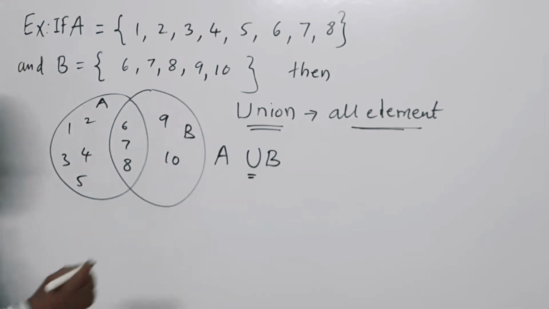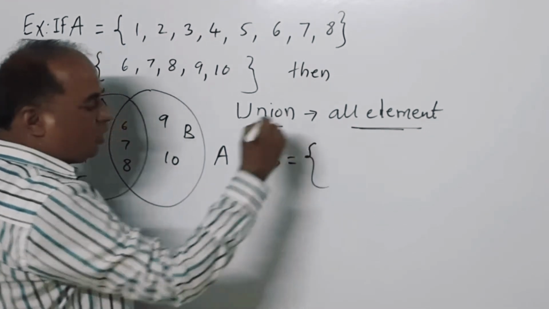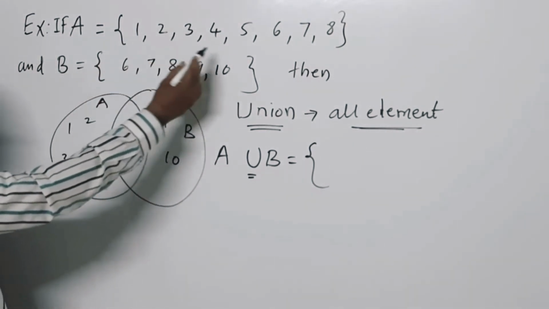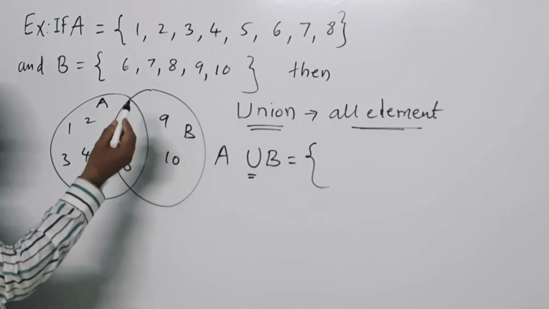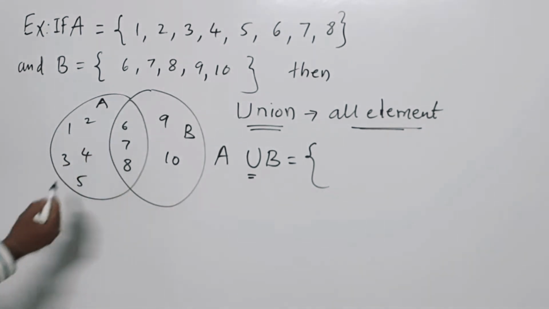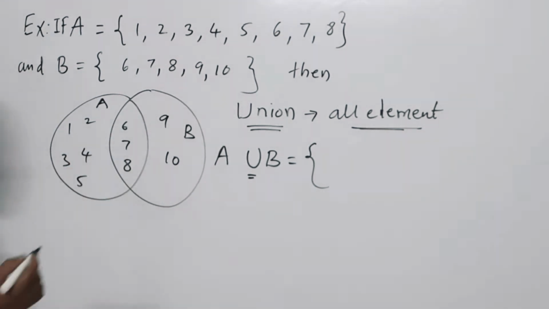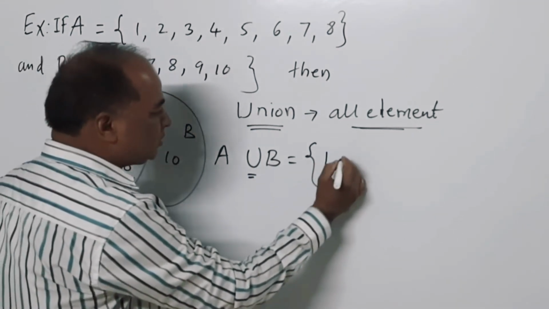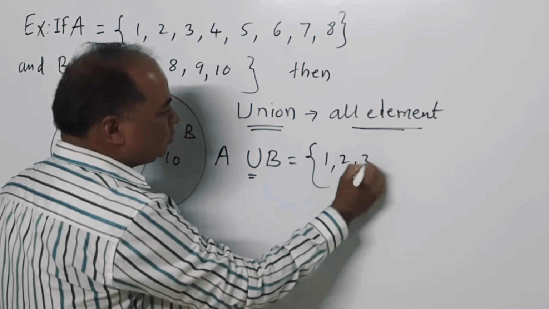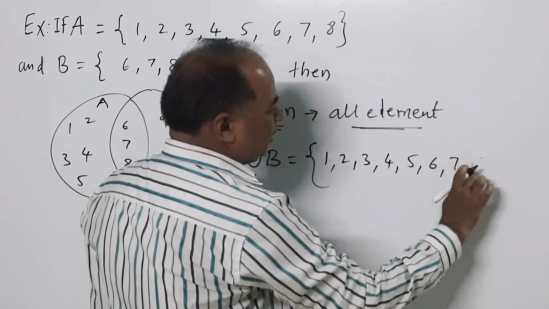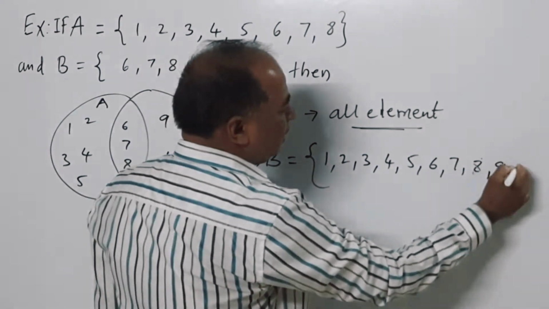Write A union B as all the elements of set A and set B, means the elements of set A, that is 1 to 8, as well as the elements of set B, 6 to 10. But there should not be repetition of the common elements. We should write the elements once. So A union B is 1, 2, 3, 4, 5, 6, 7, 8, 9 and 10.